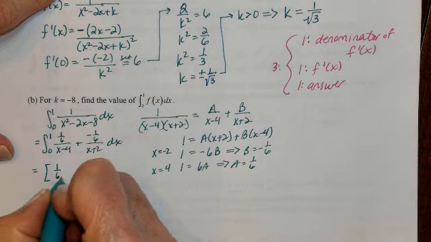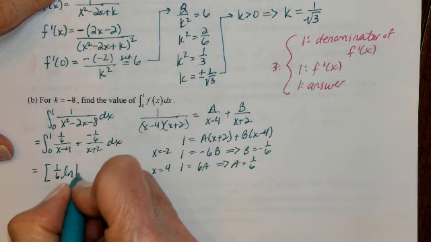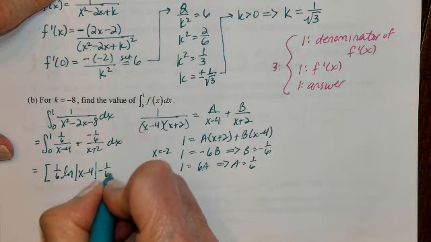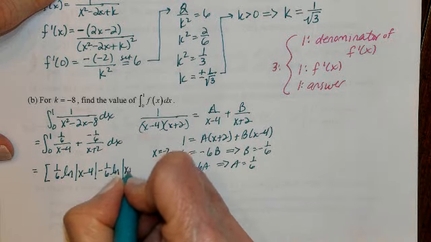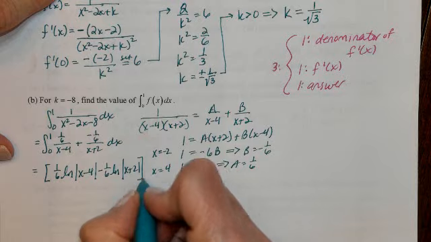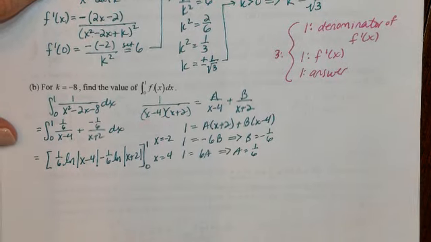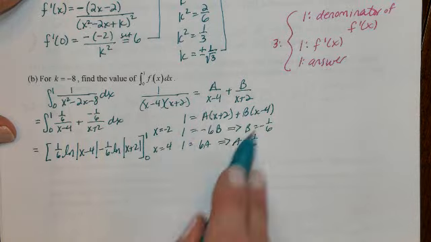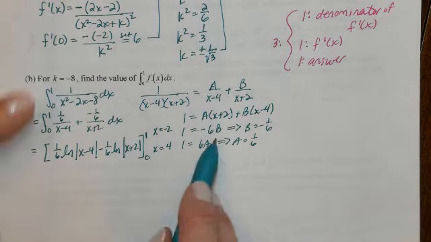So 1/6 natural log absolute value x minus 4, minus 1/6 natural log absolute value x plus 2 from 0 to 1. I had to write smaller because I didn't move this over.